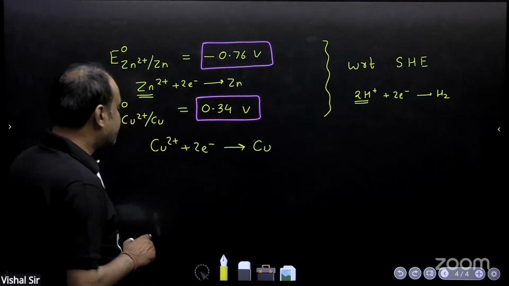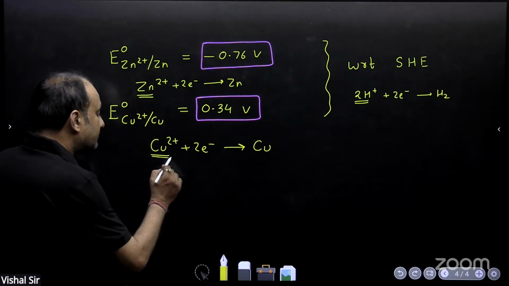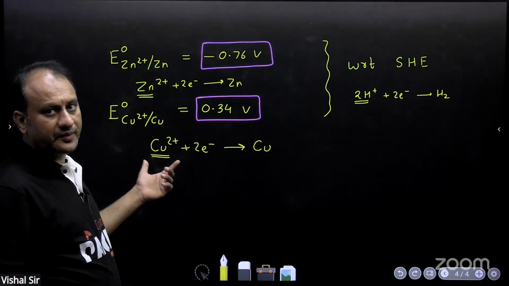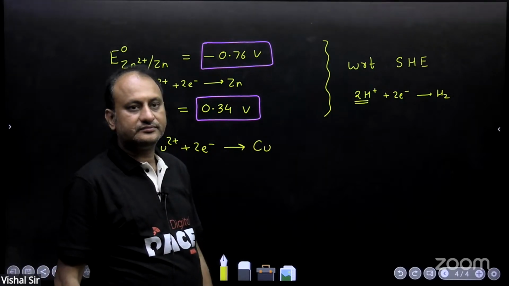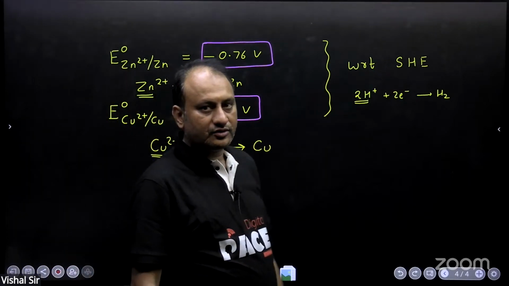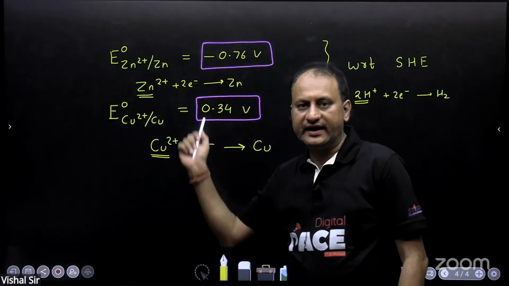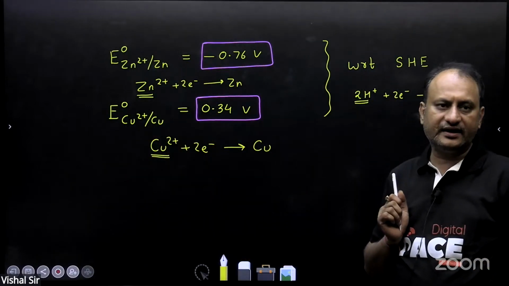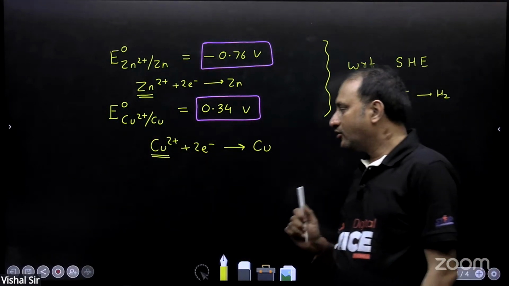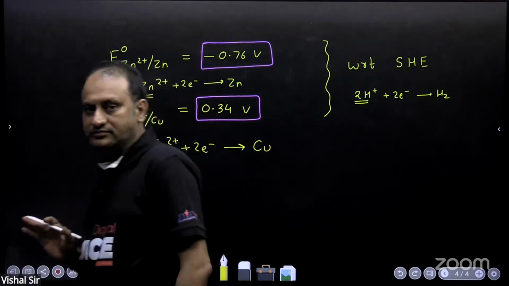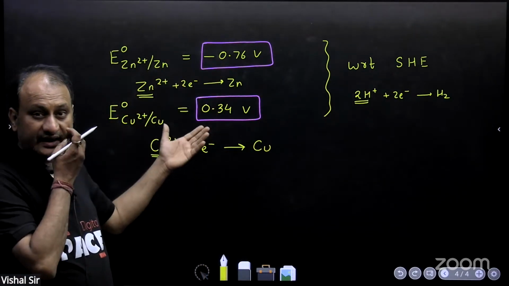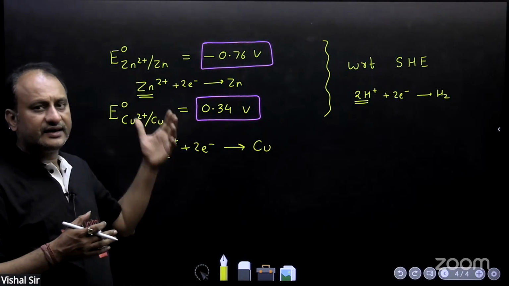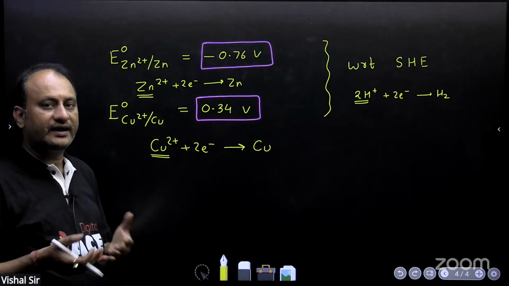So what I can say now here is Cu2+ is lesser stable than H+. Okay. So the concept of negative or positive sign is clear. Okay. Now, next thing. So this is what we wanted to understand. Standard reduction voltages say what we can deduce.